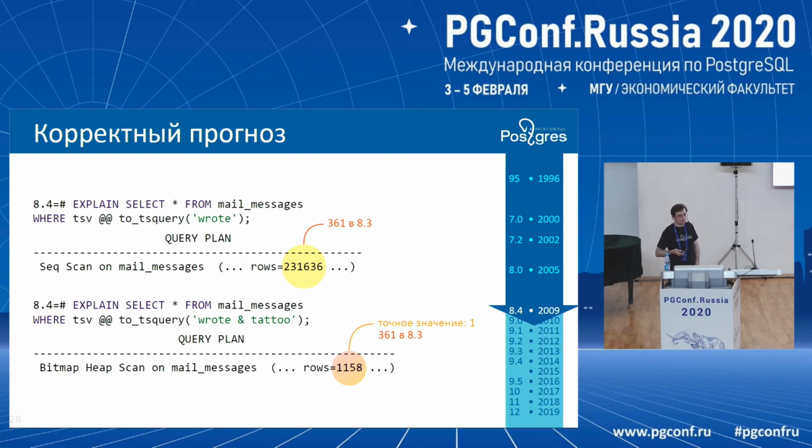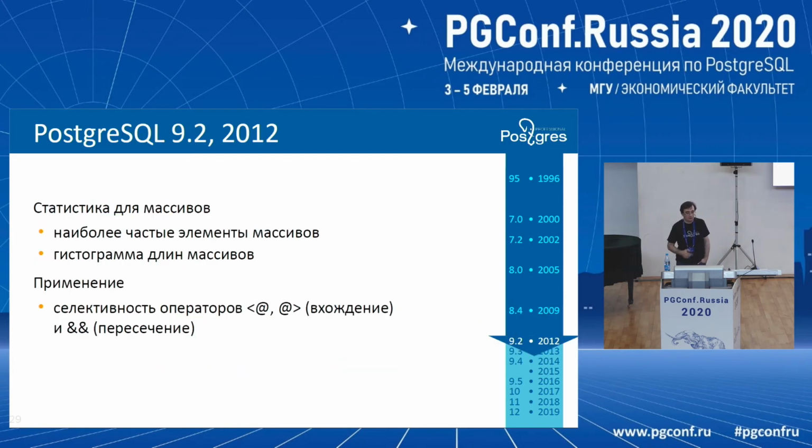And if we try to add a token that we see less frequently, for example, the word tattoo is mentioned twice in the hackers mailing list, then we see that the amount drops significantly. If we were to be clever, it should be dropping to 1, but nevertheless, it still gives the optimizer a hint that in the second case you will need to go over the index, and in the first case you have to scan the entire table, because anyway you are going to have to look through the majority of documents.